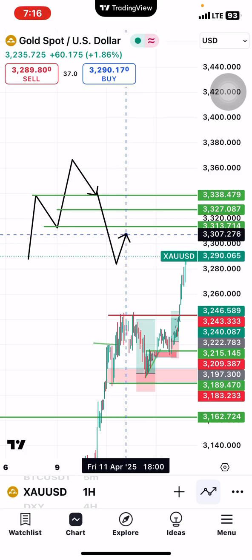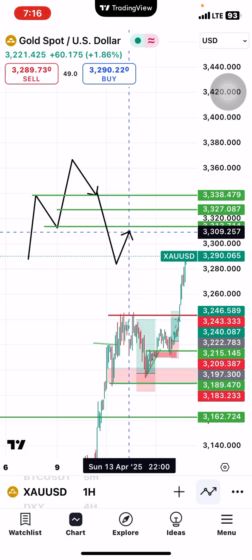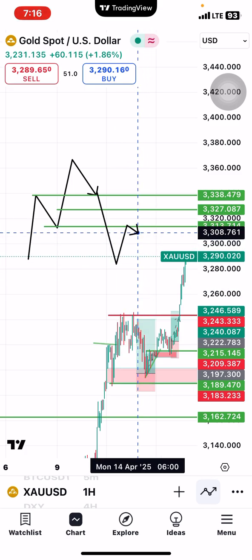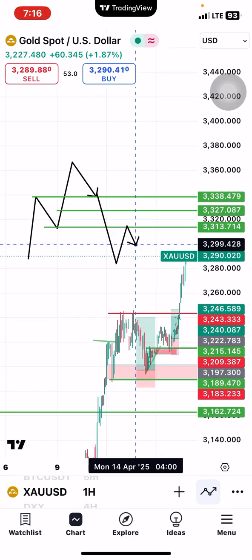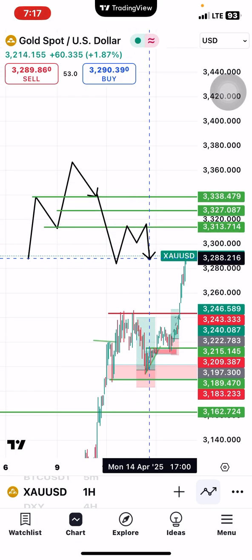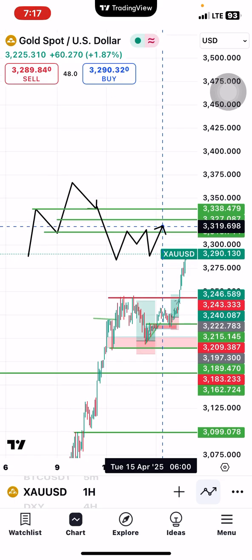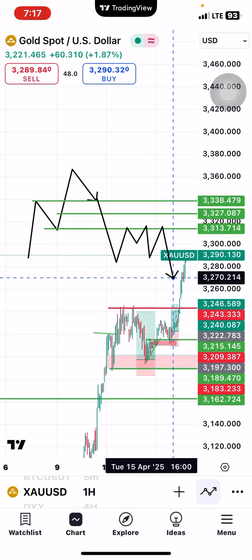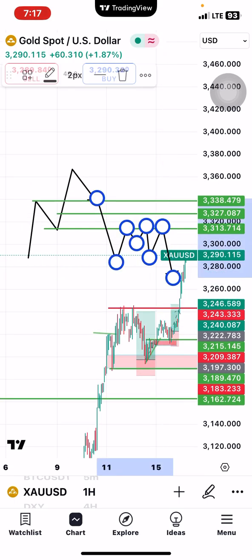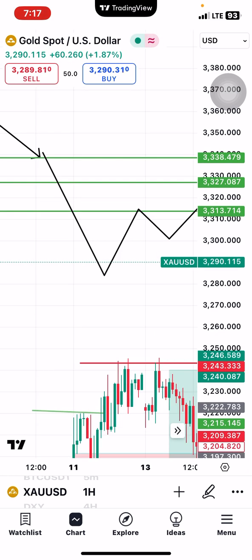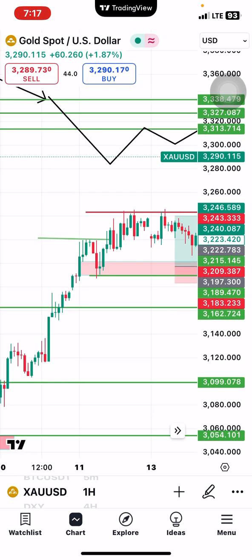So you may just see something like this, before you look for the structure I'm talking about, before you take your sell on the lower time frame, you understand? So that's just it. And that is what happened right here.